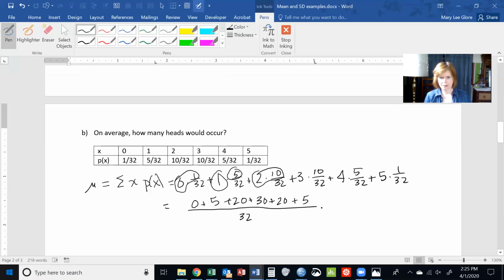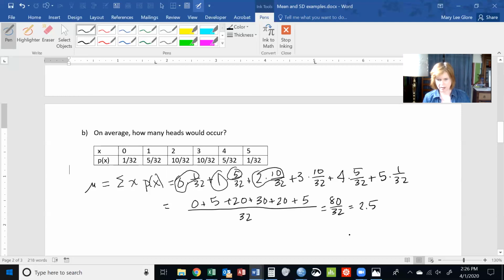All right, so let's add that up. So we got 5 and 25, 55, 75, 80. 80 divided by 32, and that is, if you put it on the calculator, going to be 2.5.